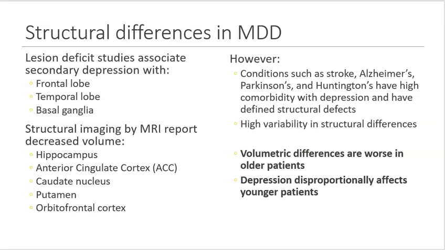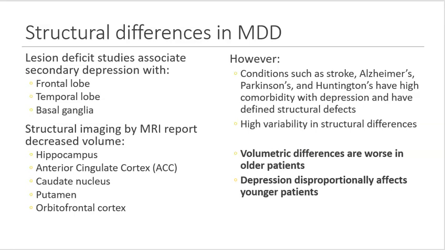So we actually see a decrease in the volume of the hippocampus, the anterior cingulate cortex, the caudate nucleus, the putamen, and the orbitofrontal cortex in patients with MDD.